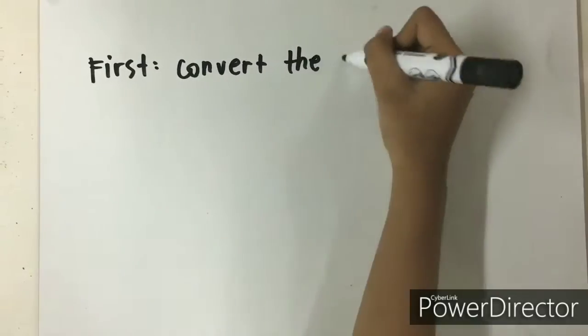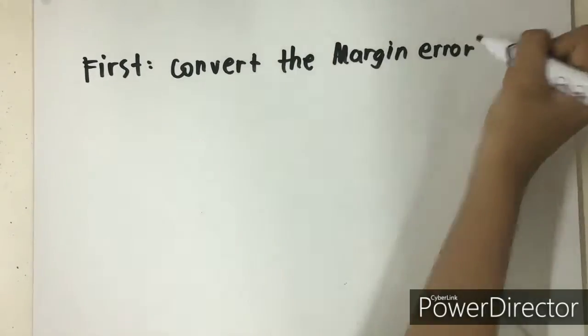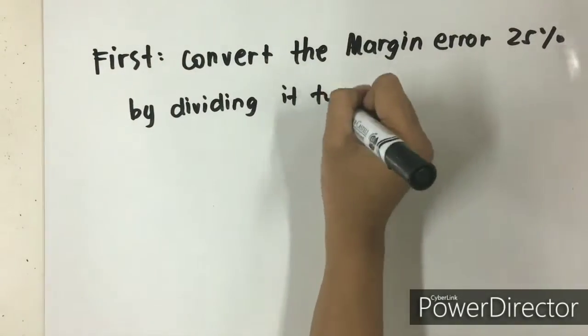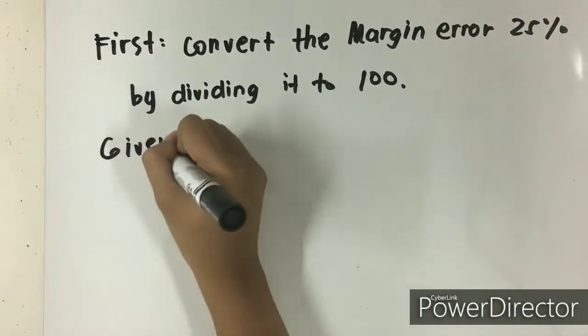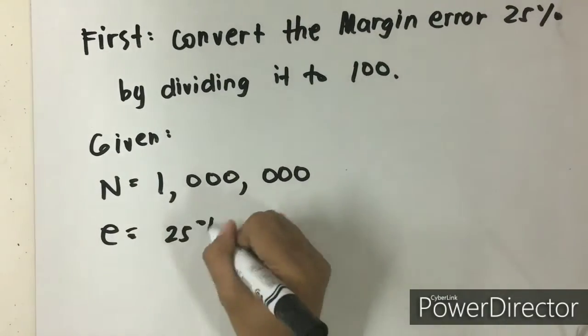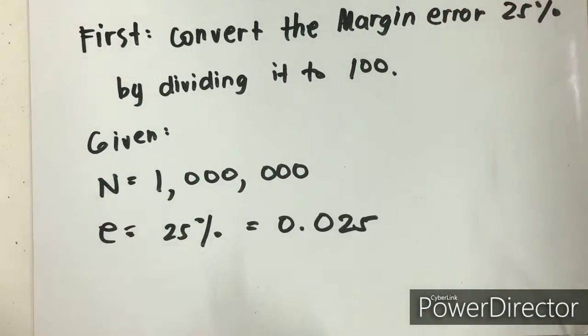Let's have an exercise. A researcher plans to conduct a survey. If the population in High City is 1 million, find the sample size if the margin of error is 25%. First, convert the margin of error 25% by dividing it by 100.